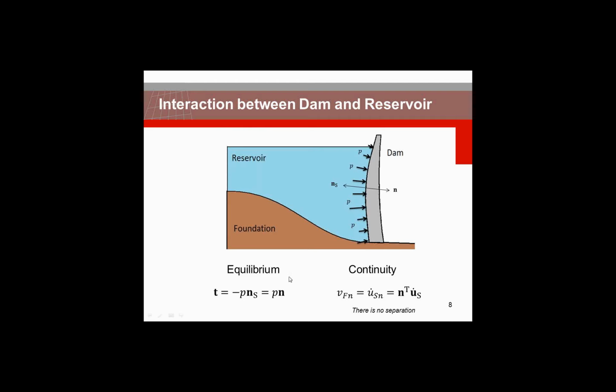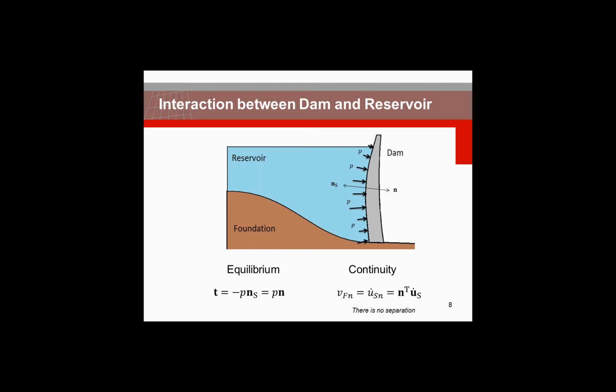So it's the equation we can see on the left side. And the companion equation on the right side is a kinematic relation that relates the movement of the particles of water in this line with the solid particles of the dam in the same interface surface.